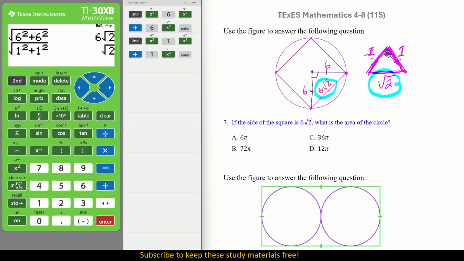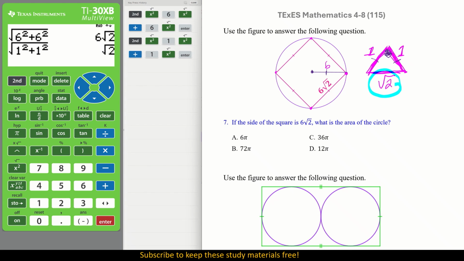It is 6. So let me get rid of some things. It's that line. Now that I get rid of all that, ignore the square. All we have done is used the square, what we know about the properties of triangles, right triangles, and the Pythagorean theorem to obtain our radius.